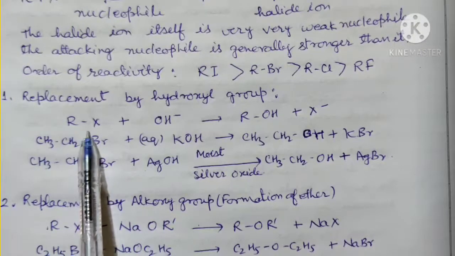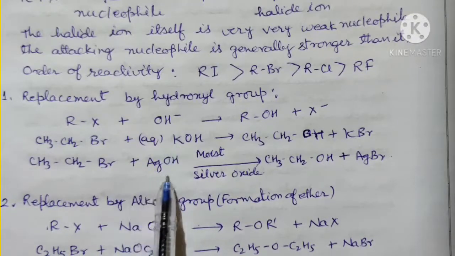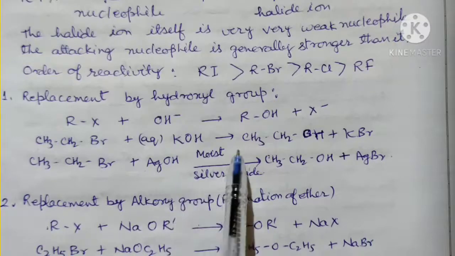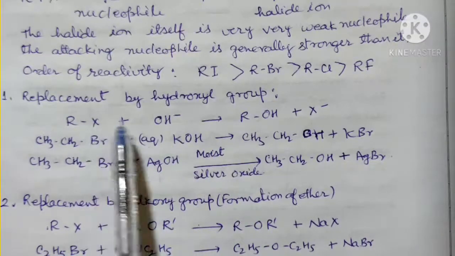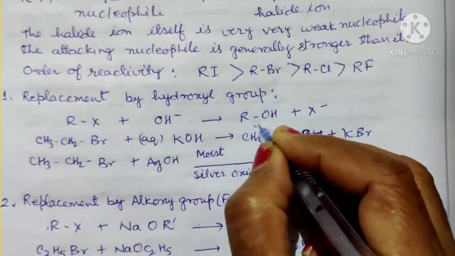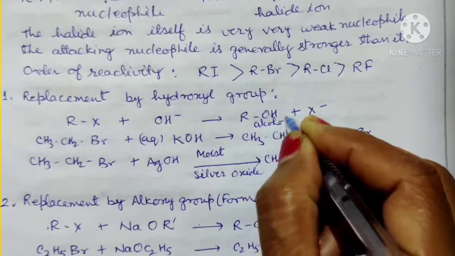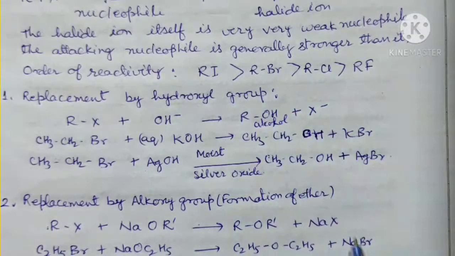Moist silver oxide is converted into silver hydroxide. Then there is a substitution of the halogen atom by the hydroxy group, and the product is called an alcohol because it has the hydroxy group.